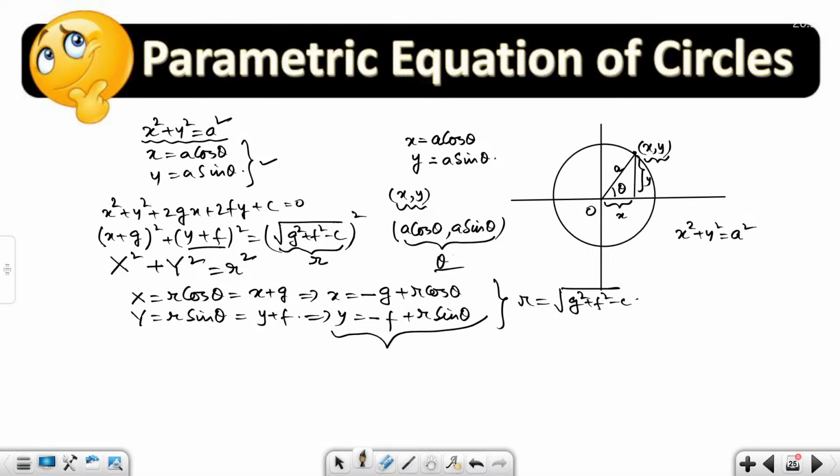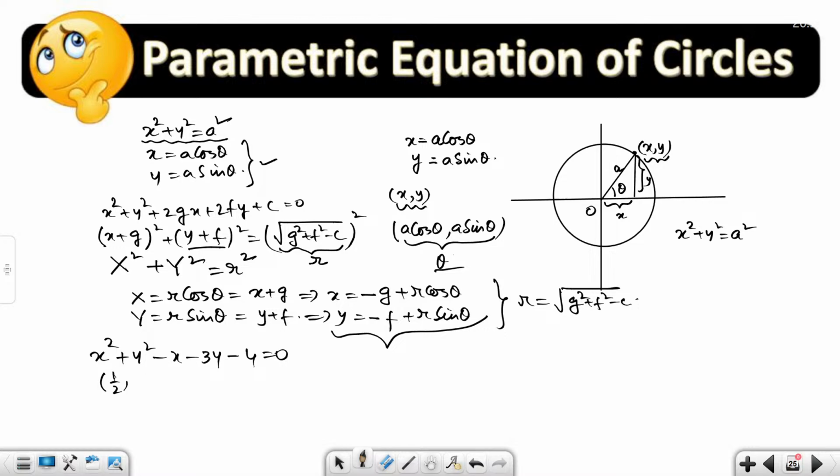Is this clear? So for any equation given to us, I can find this out. Let us take an example: x squared plus y squared minus x minus 3y minus 4 equals 0. If I ask you to find the parametric equation, first I have to find its center. The x coordinate is the coefficient of x, minus 1, divided by 2, change the sign, so it's plus half.